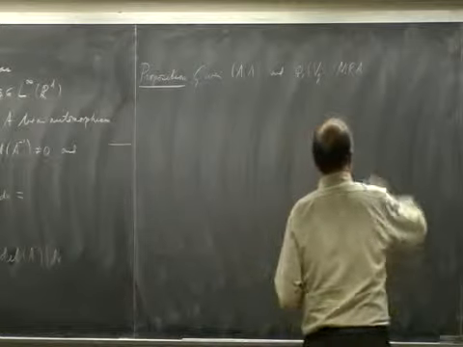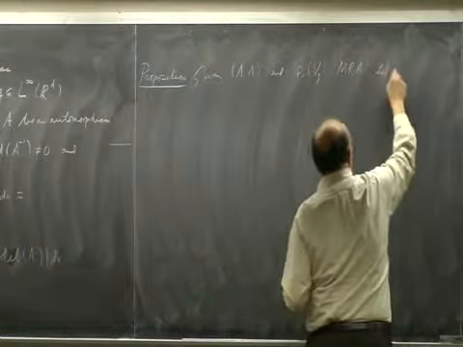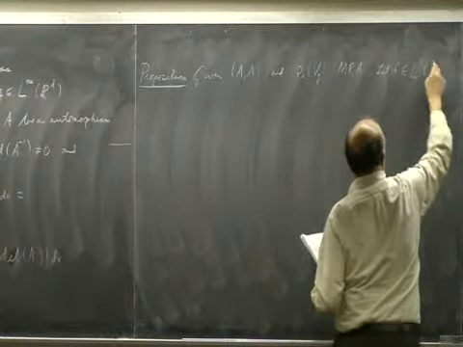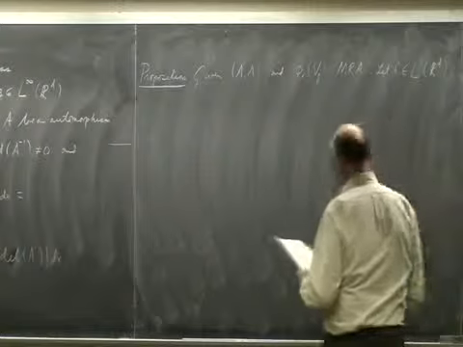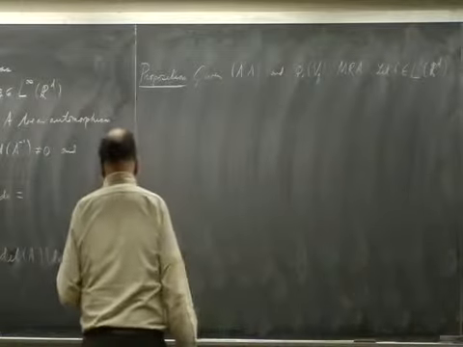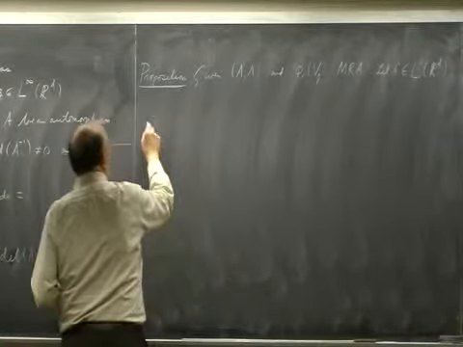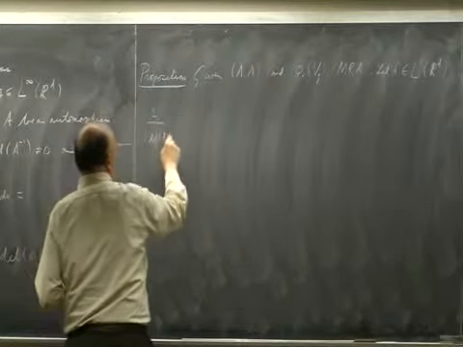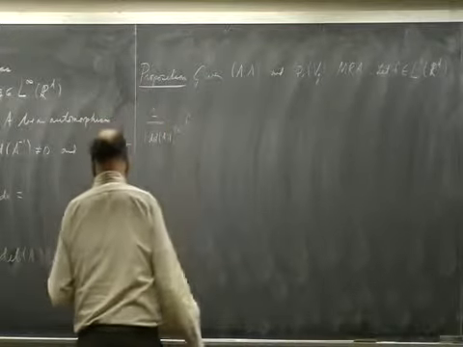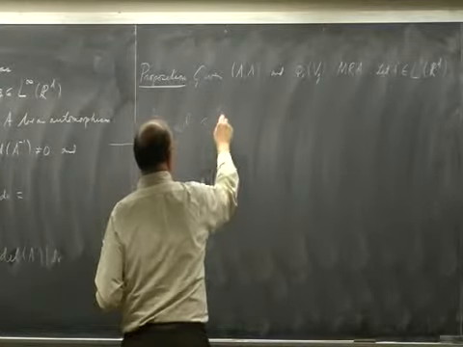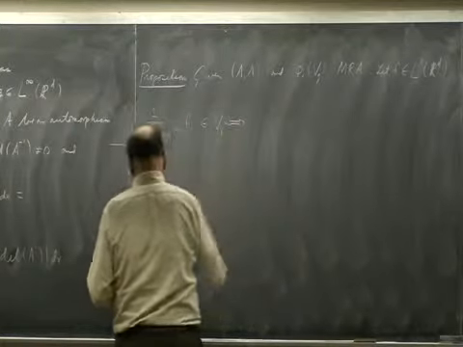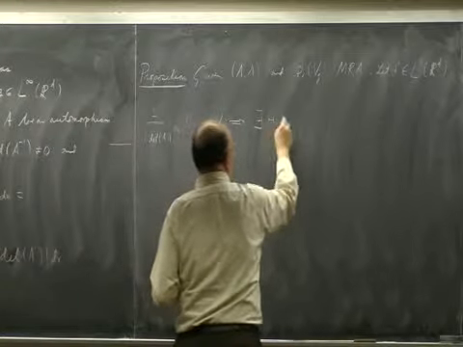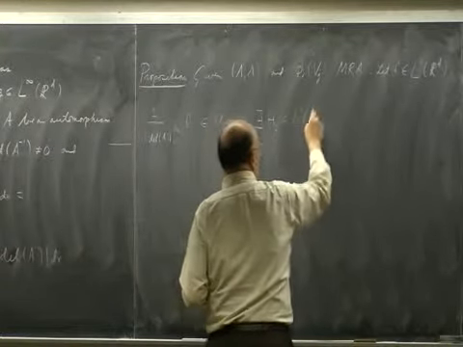And let F be an L2 function on R^d. Then 1 over the determinant of A, to the 1/2, F, is in V1, if and only if there exists an H_F in L2 of the torus.